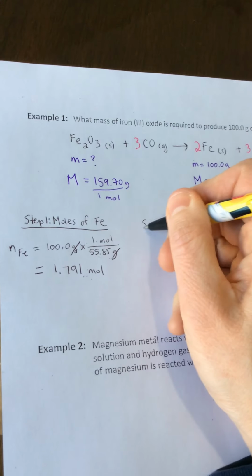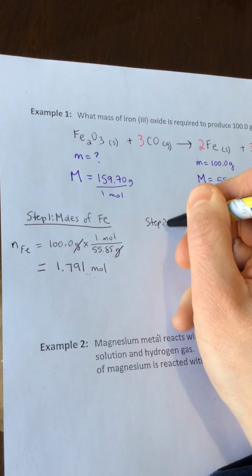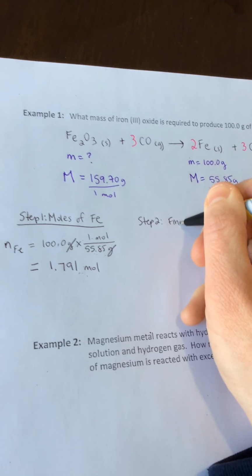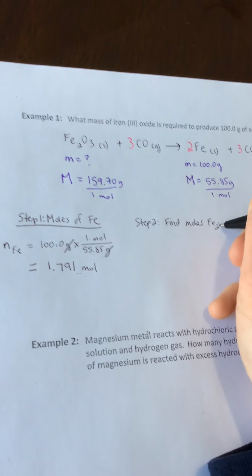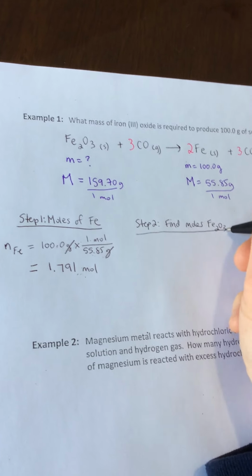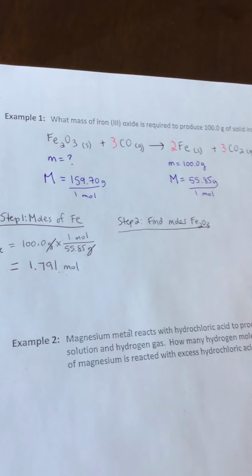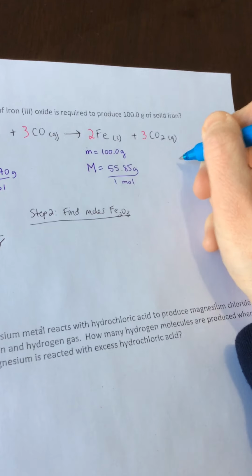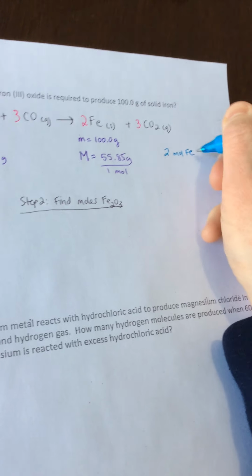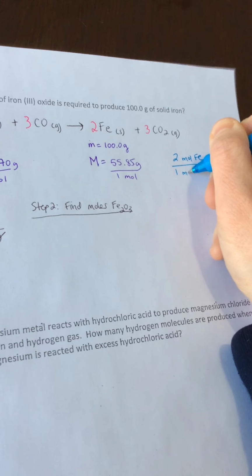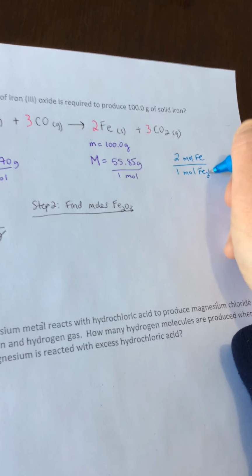So step 2, find moles of Fe2O3. And we're going to use our molar ratio. I'm going to write the molar ratio just over here to the side. So we have 2 moles of Fe for every 1 mole of Fe2O3.